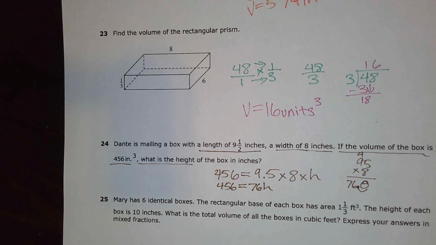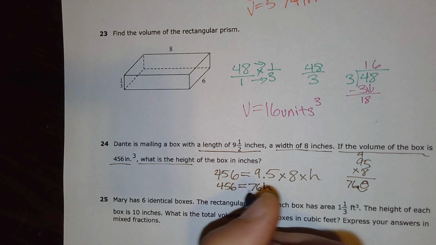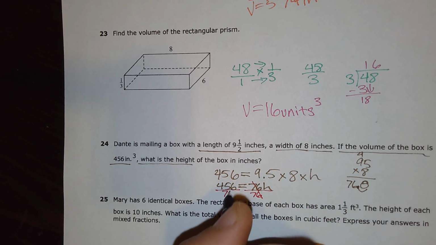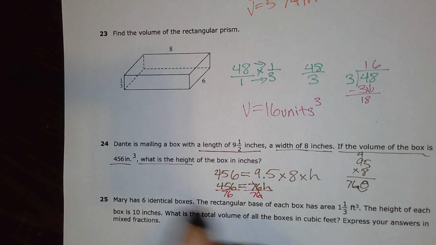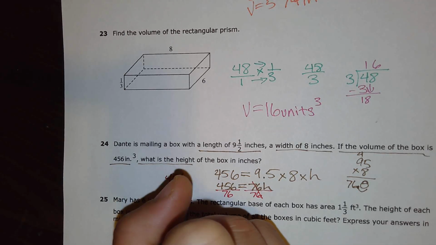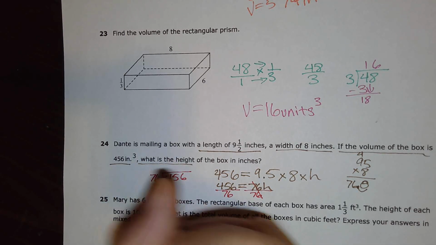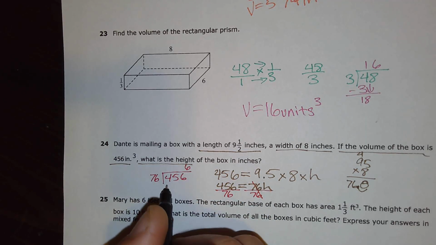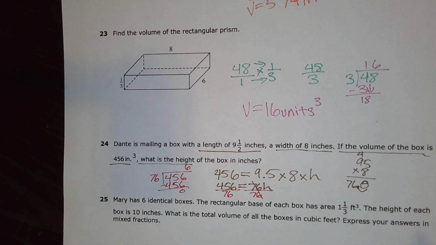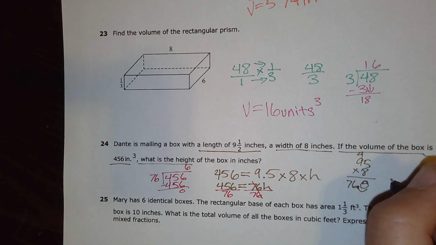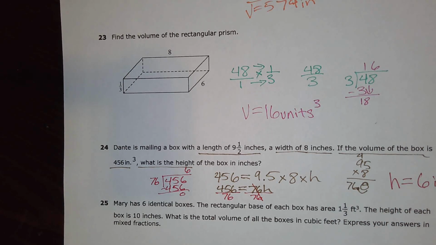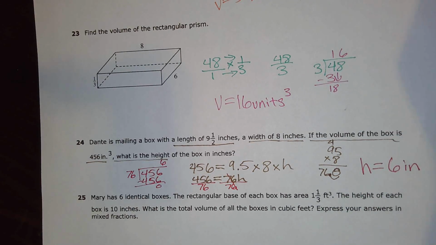When we have those one-step equations, we just solve for the variable. In order to solve for the variable, you isolate the x. Okay, so if we were to do 456 divided by 76, it does fit evenly 6 times, okay? So our height in this particular case was equal to 6 inches. All right. Hopefully this helps y'all.